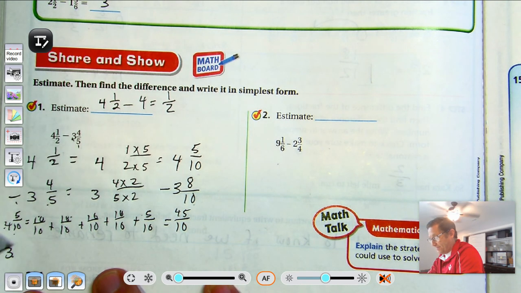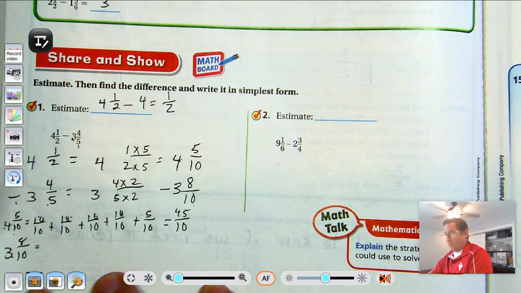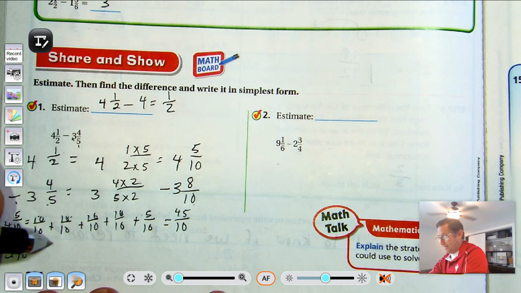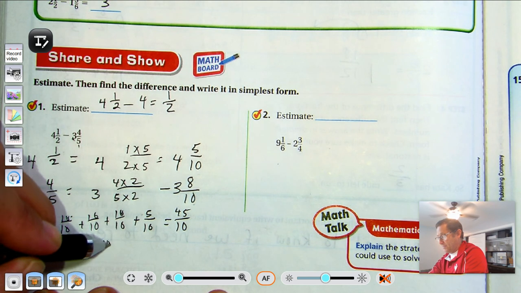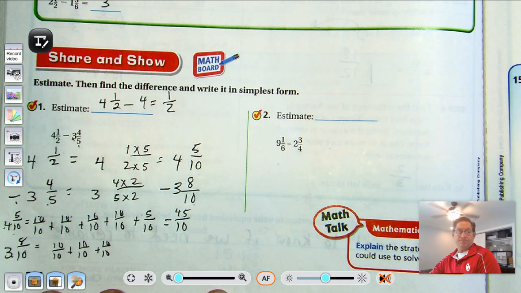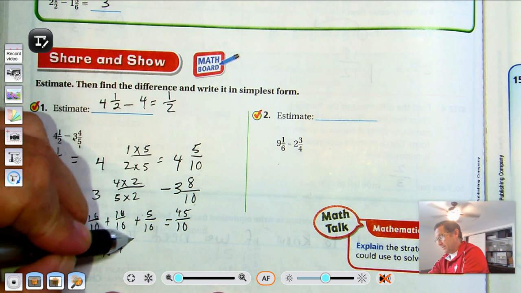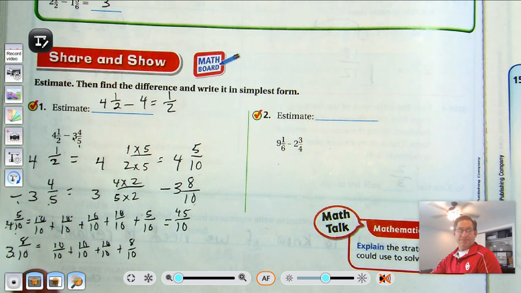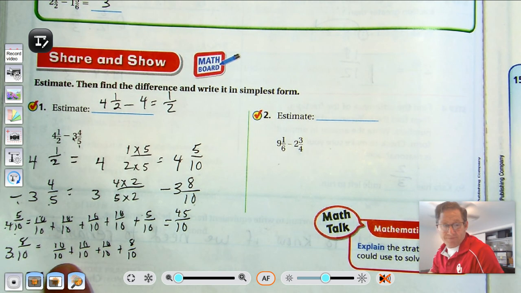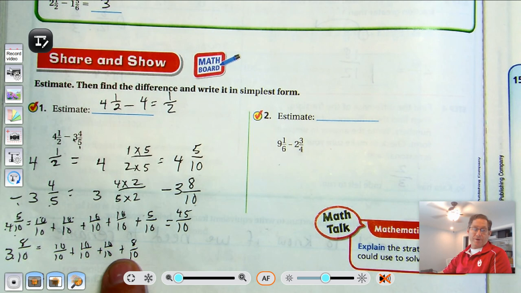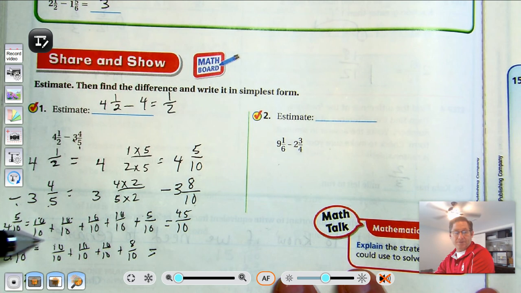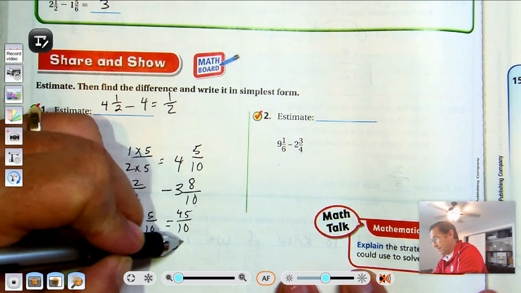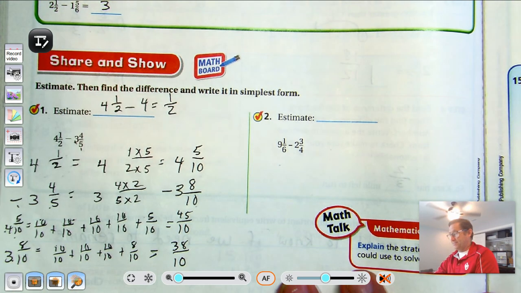And 3 and 8/10, we can think of the 3 as 10/10 plus 10/10 plus 10/10 plus the 8/10. So each 10/10 is worth 1. 1, 2, 3, and 8/10. Add the numerators together, 10, 20, 30, 8/10.